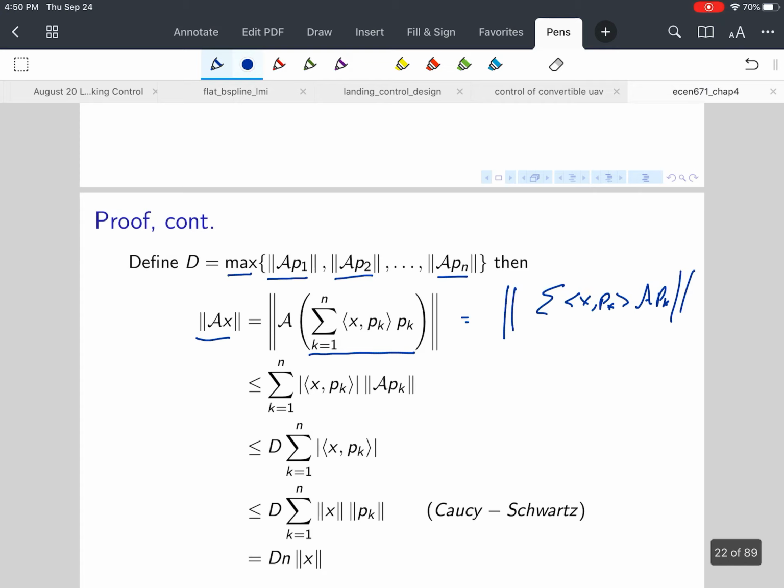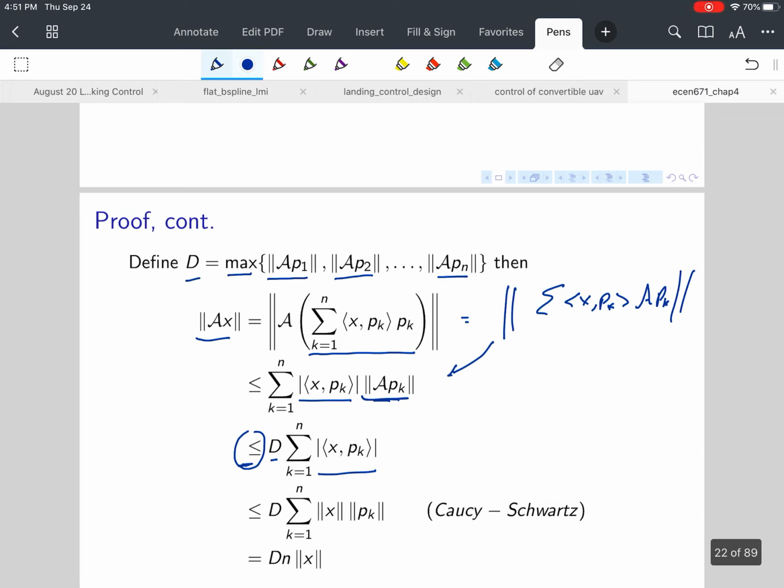Then we use the submultiplicative property to pull the sum out, and we have the absolute value of the inner product of x with Pk times the norm of A Pk. Now this is again a finite sum, 1 to n, and we can replace this guy with its largest value as long as we use a less than or equal sign. So its largest value is d, so this is less than or equal to d times the sum of the absolute value of the inner product.